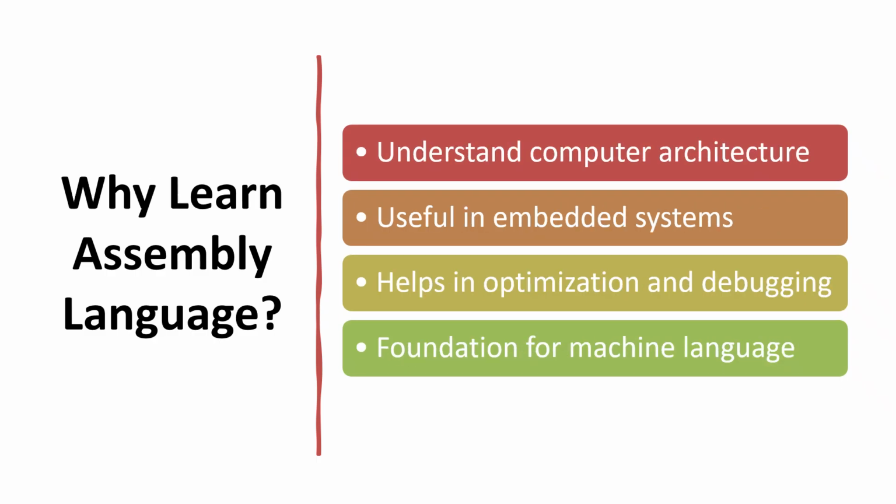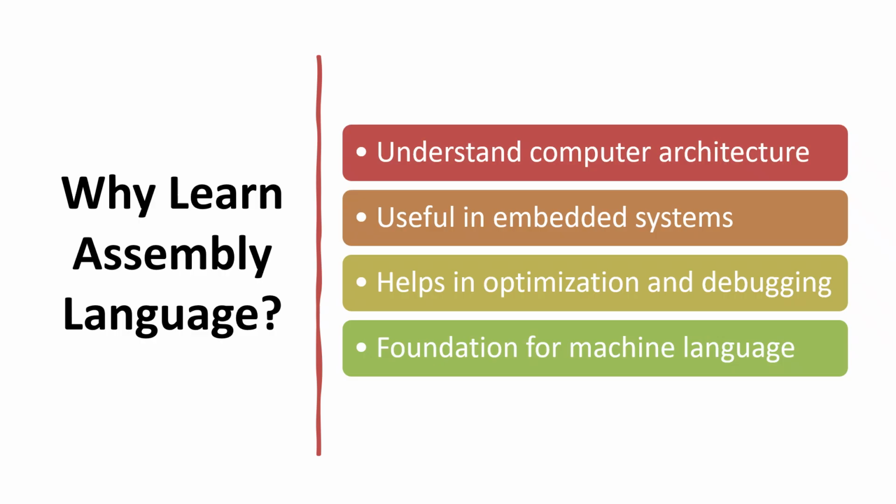Learning assembly language offers several valuable benefits. First, it allows us to understand computer architecture at a low level, which is essential for grasping how hardware and software interact. It is particularly useful in embedded systems where resources are limited and precise control is necessary.